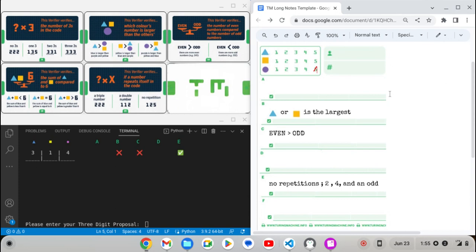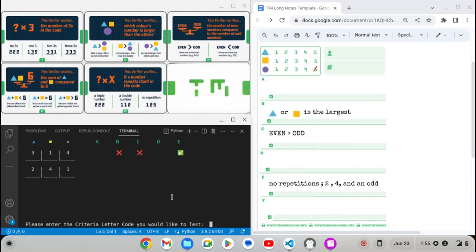So let's try out 2, 4, 3, 2, 4, 1, or 4, 2, 1, 4, 2, 3. I am going to try 2, 4, 1. Let's try that out. 2, 4, 1. Sounds good.